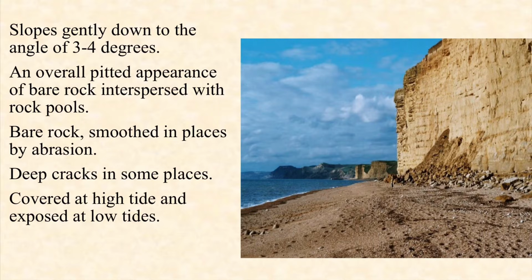They are usually bare rock and exposed during low tide, and are covered at high tide when the waves obviously come further inland and potentially reach the bottom of the cliff face. You can have some deep cracks in some places throughout these wave cut platforms, but typically it tends to be bare rock, which is relatively smooth due to the erosional process of abrasion.